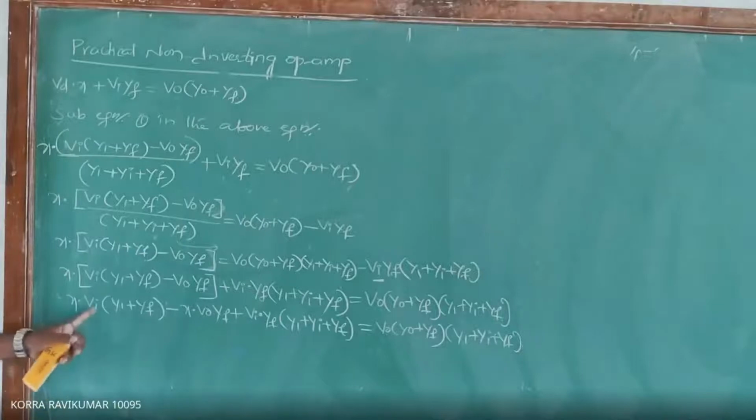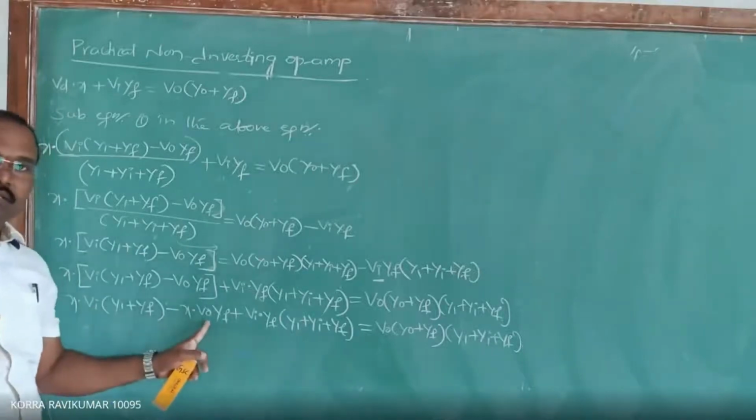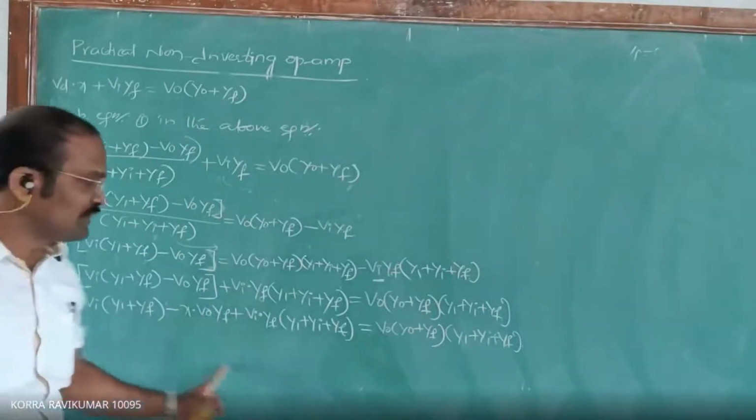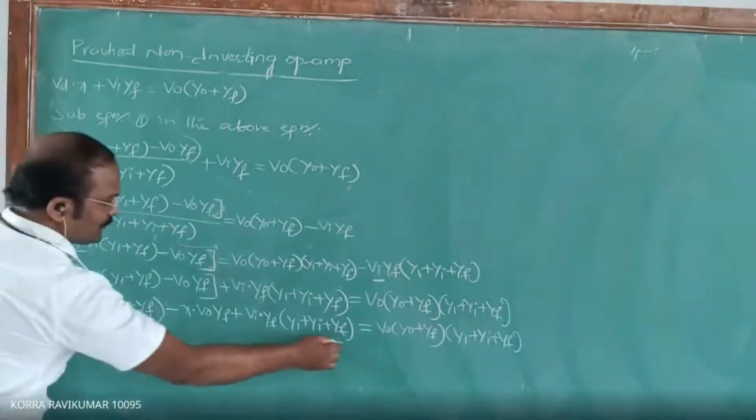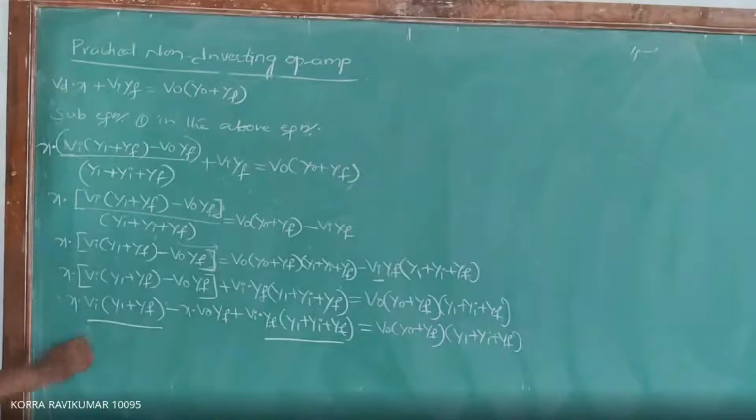Now see here there is a V0 term, send it to the RHS side. In term 3 and term 1 there is a Vi. Take Vi as common.